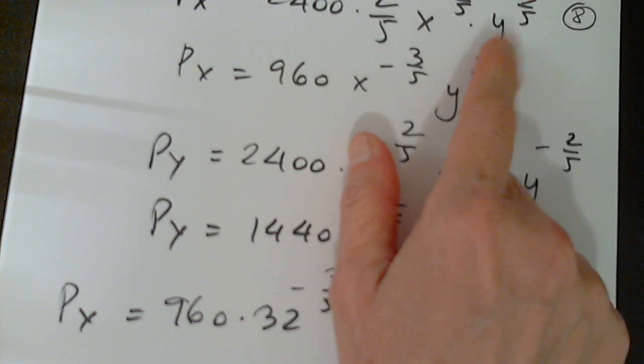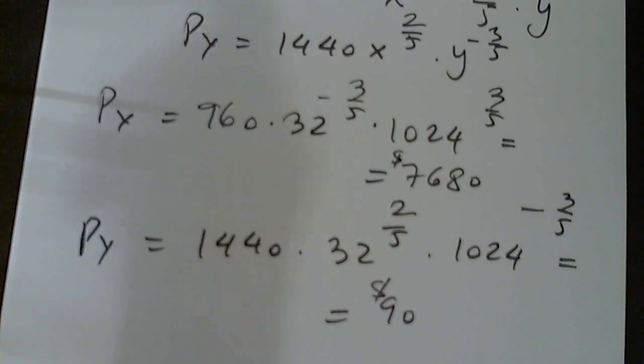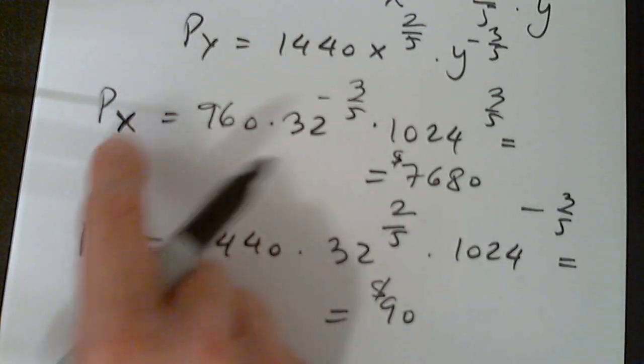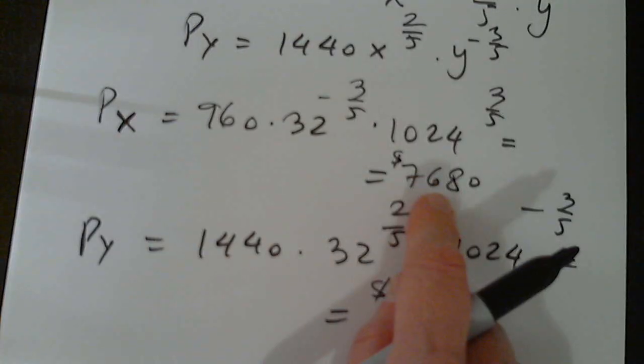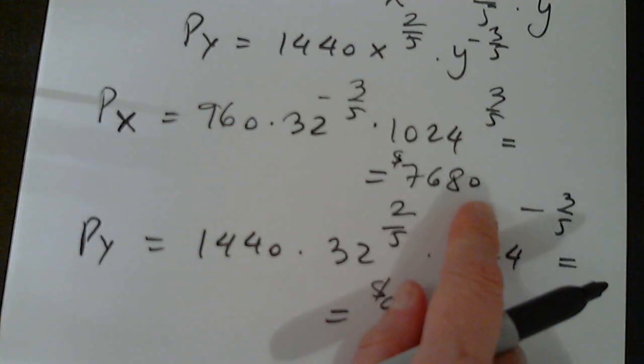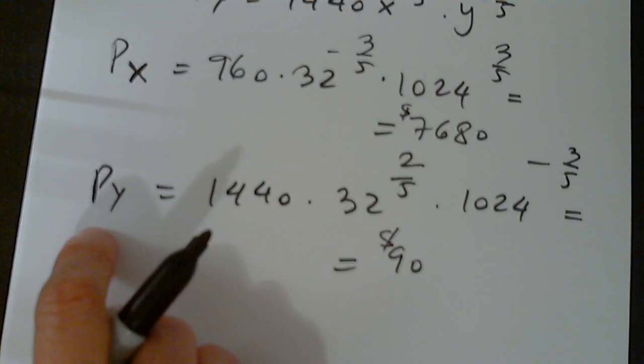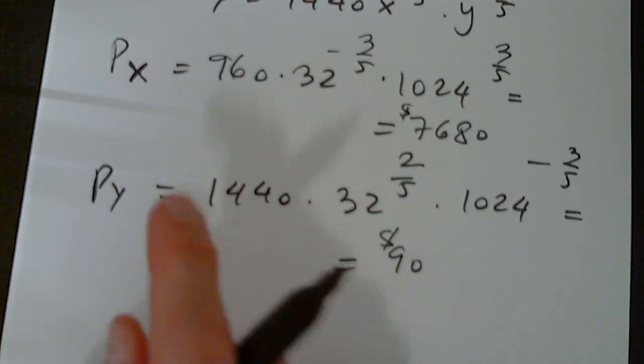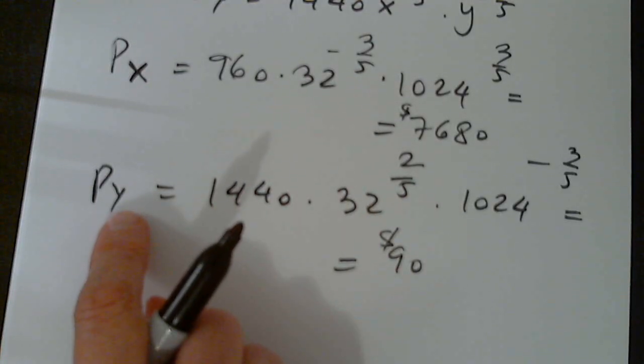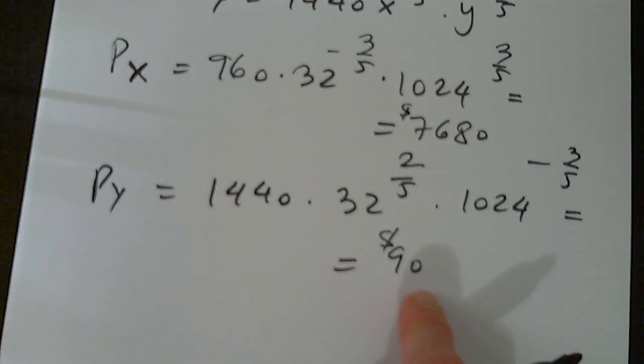So when we keep units of capital fixed, the rate of change of Px is 7,680. When we keep x fixed, the units of labor fixed, the rate of change for units of capital is 90. Any questions?